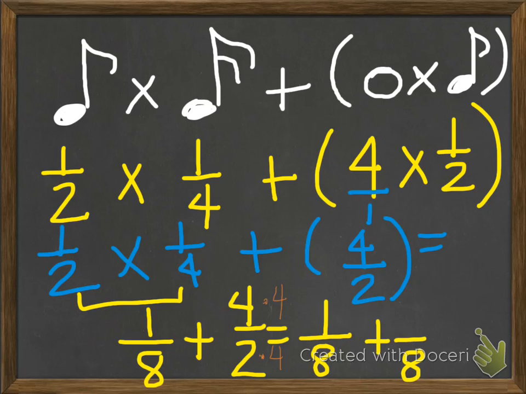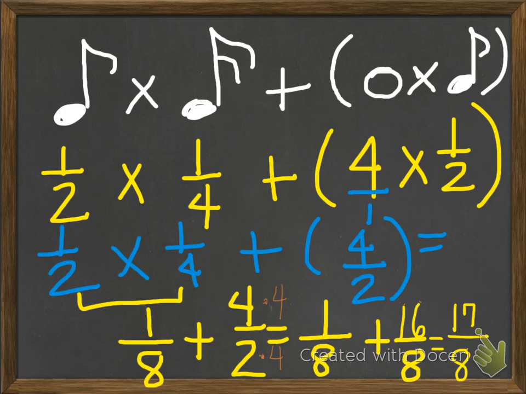So 2 times 4 gives me 8. 4 times 4 on the top gives me 16. So now, just add. Add the top numbers only. 1 plus 16 is 17. Copy the denominator. And now simplify.